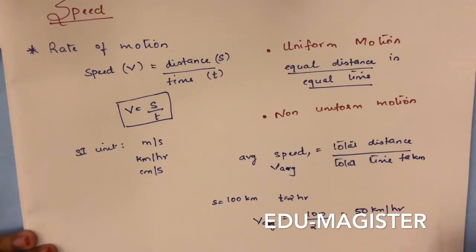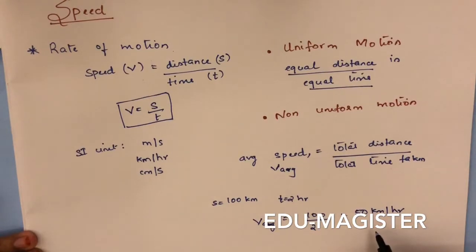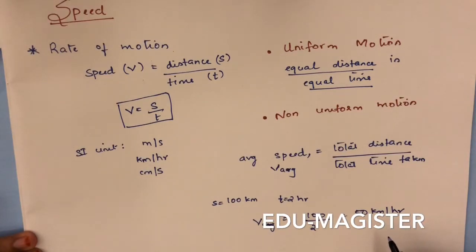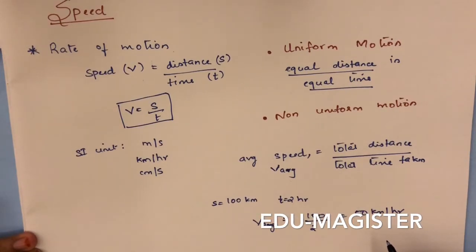What does this mean? That means that the car had an average speed of 50 kilometer per hour. So the car might not have traveled 50 kilometer per hour all the time. Sometimes it must have traveled faster, sometimes slower. But we say that the average speed of the car was 50 kilometers per hour.